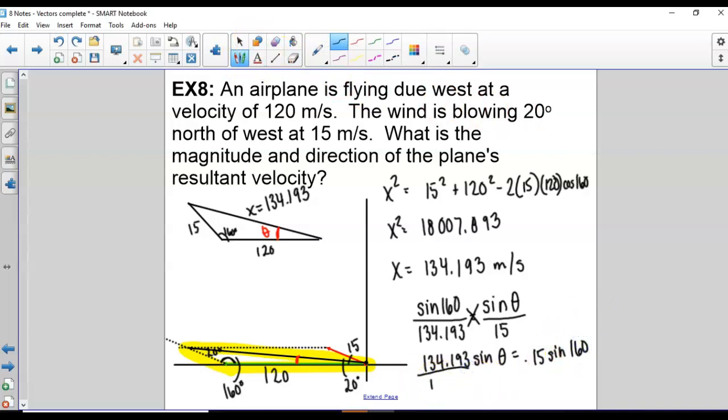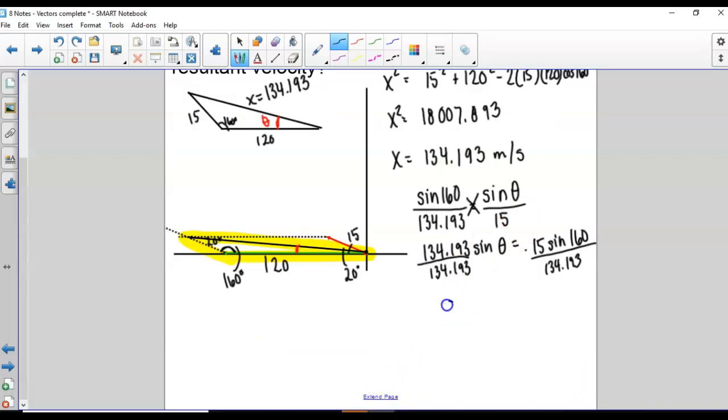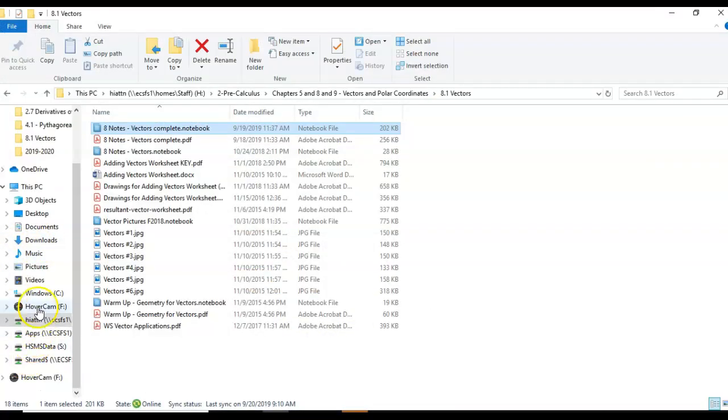We'll divide by the 134.193. And so sine theta will equal, and let me show you something also in the calculator here.